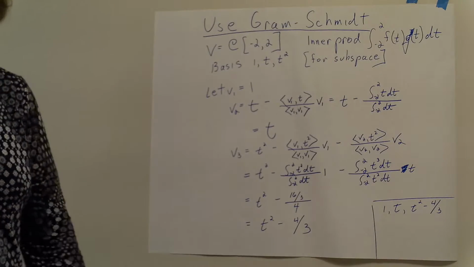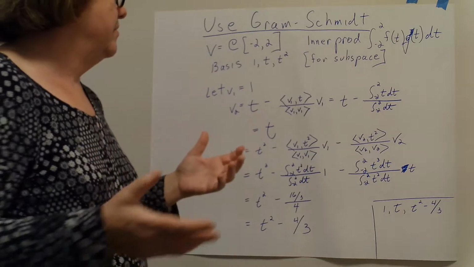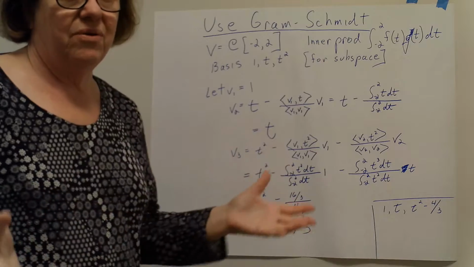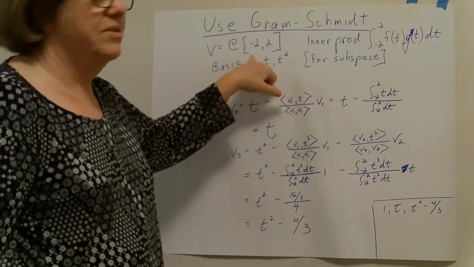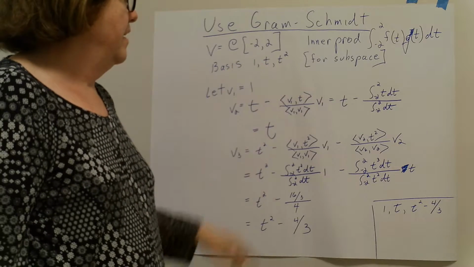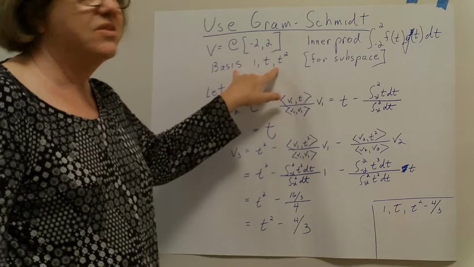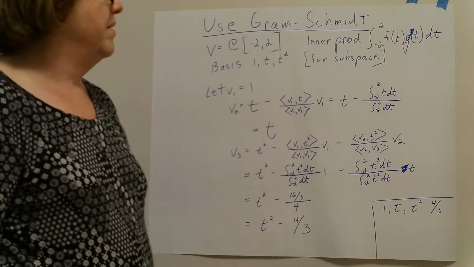Okay, last thing we're going to do with this inner product, we can do Gram-Schmidt orthogonalization. So let's say V is the set of all continuous functions on the closed interval -2 to 2. And let's say we have a basis for a subspace of that space, 1, t, t squared.